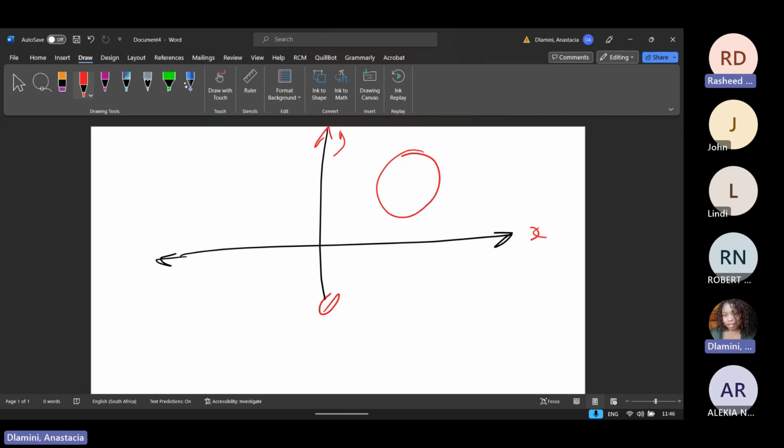If you look at yourself in the mirror, you'll see exactly the same, but on the other side, isn't it? So if they say reflect about the y-axis, they just mean that this is your mirror and this will come to this side. Because it's a reflection. It's a mirror image. If they say about the x-axis, it means this will be reflected here. Does it make sense now? Yeah, it makes sense. Thank you.